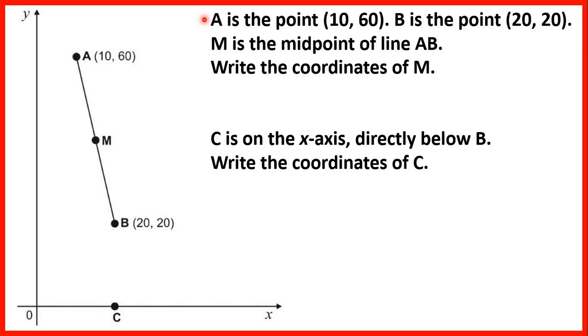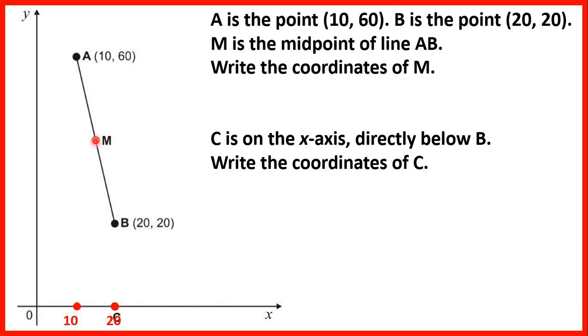A is the point (10, 60), B is the point (20, 20). M is the midpoint of line AB, so that's right in the middle. Write the coordinates of M. So we know that point A has an x-coordinate of 10, and point B has an x-coordinate of 20.